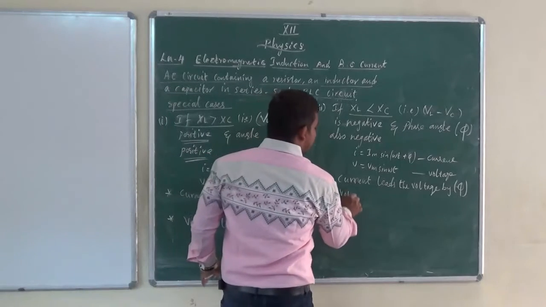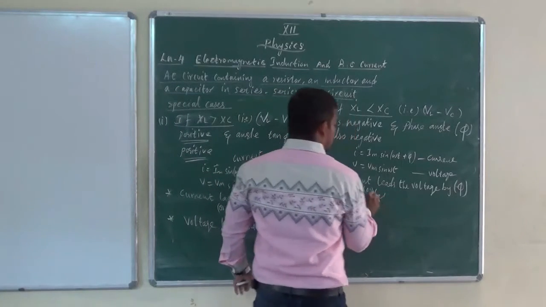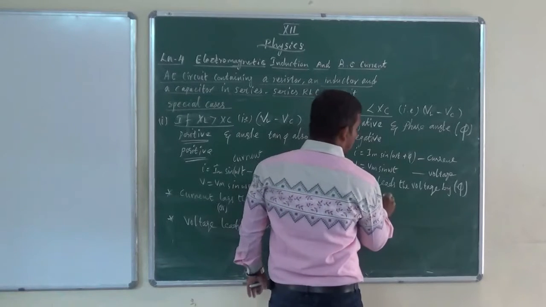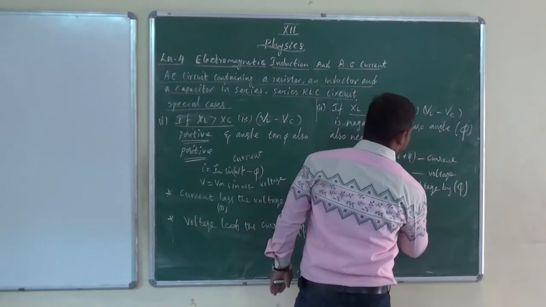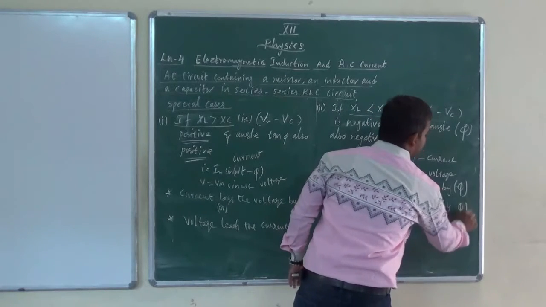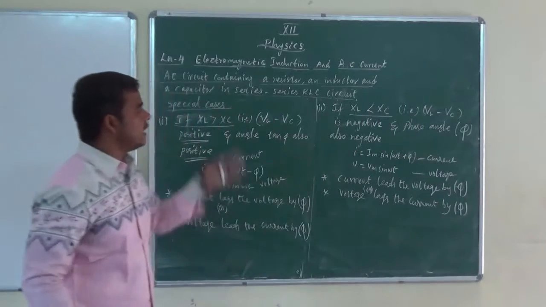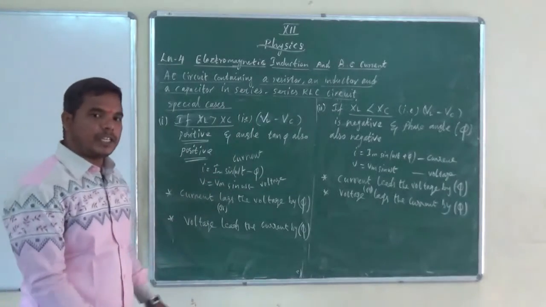Voltage lags the current by phi. That's why the equations for voltage and current are obtained as positive and negative.